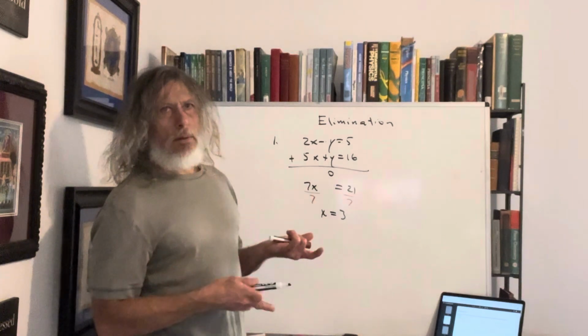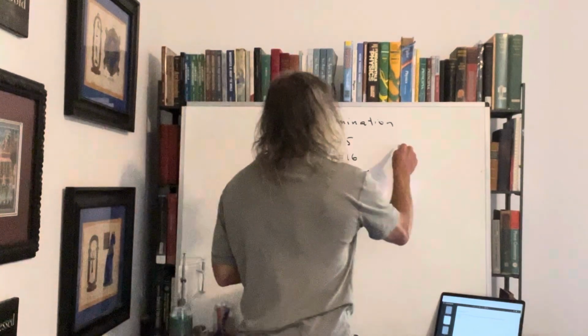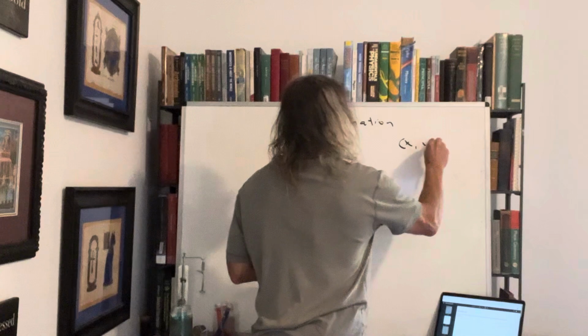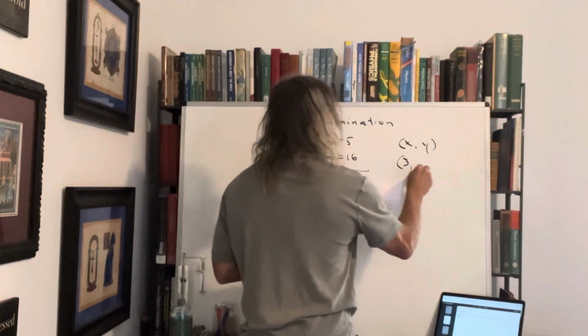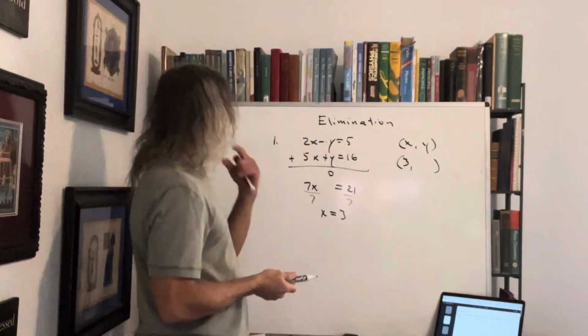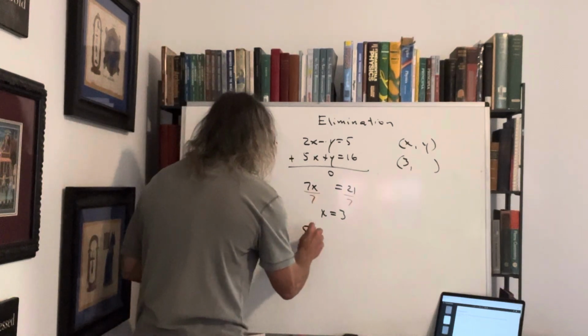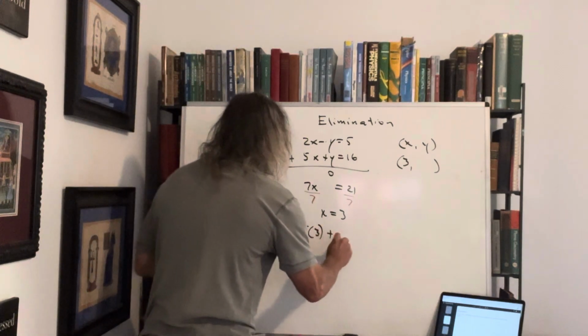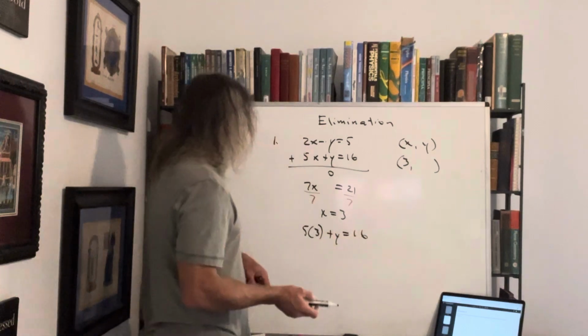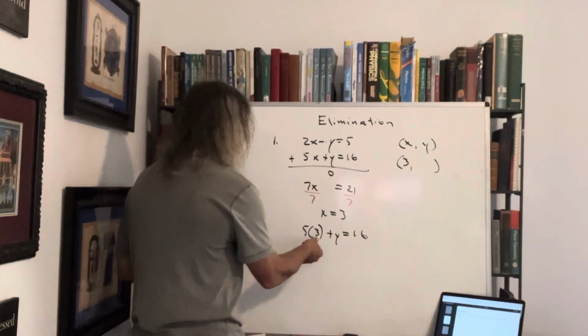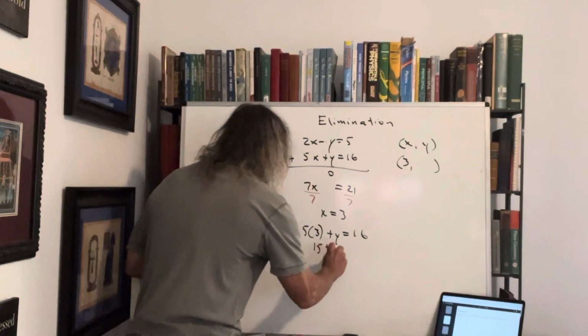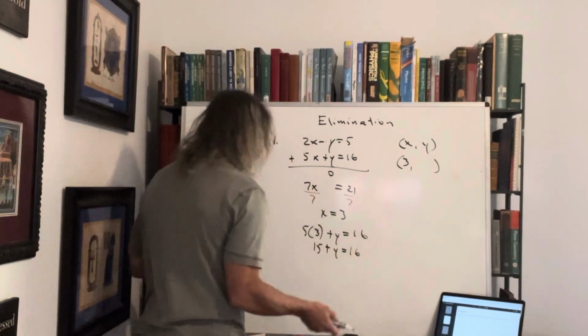We got the x letter, now we get the y letter. That's what we want, and that's what we have so far. So we put 3 in here, because x is 3, we get 15. 15 plus y is 16.